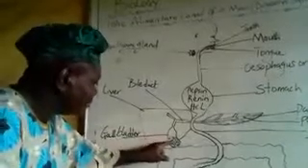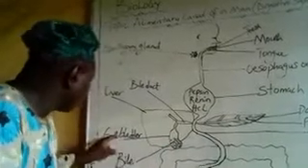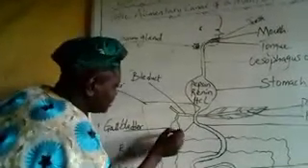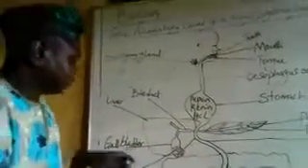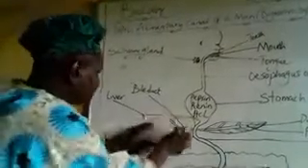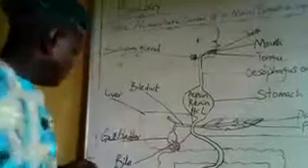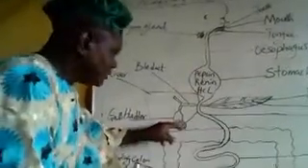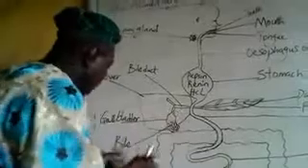Now, we have a bile duct. This channel is called the bile duct. And this organ you are seeing is a liver. This liquid we are seeing is what we call bile.